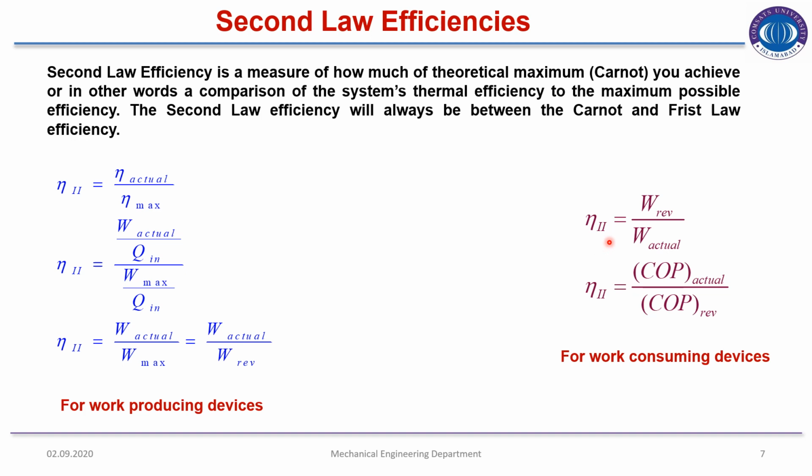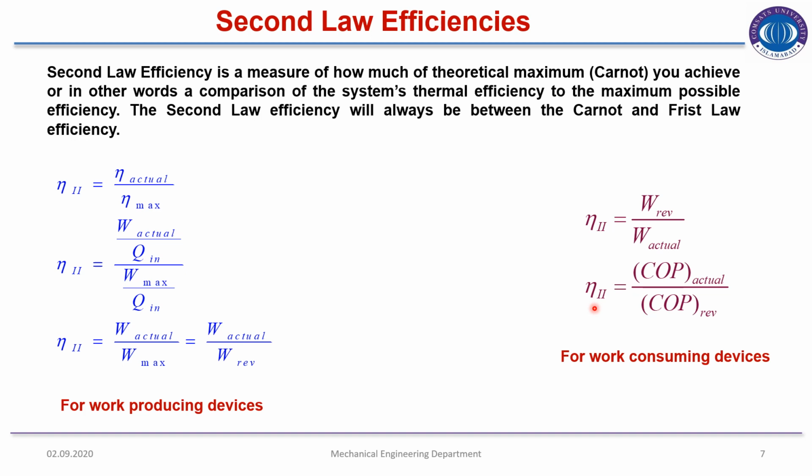So here we have W reversible in the numerator and W actual in the denominator. For work producing devices, W actual is in the numerator and W reversible is in the denominator, whereas for work consuming devices W reversible is in the numerator and W actual is in the denominator. So these are opposite.